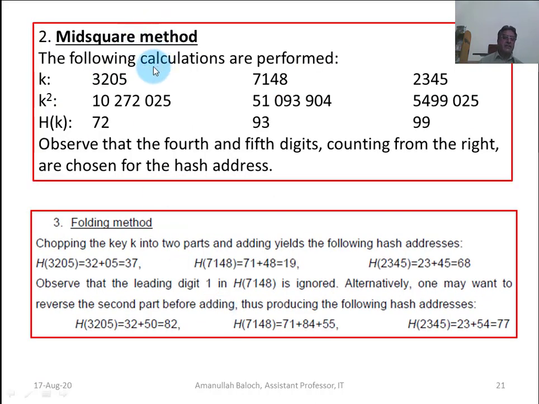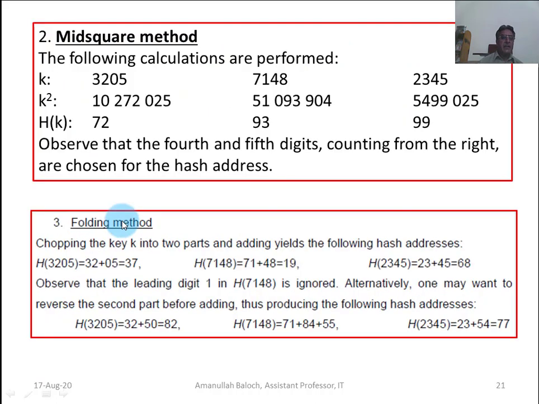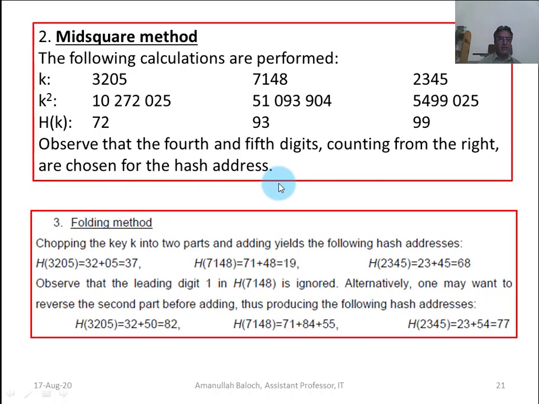There is another method. The first method was the division method, and this is the mid-square method. The following calculations are performed in mid-square. These are the key values which we processed in the previous example, 3205, 7148, and 2345. We are considering the same keys again using this mid-square method.